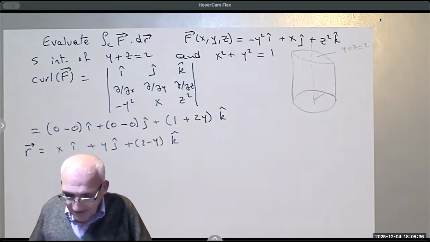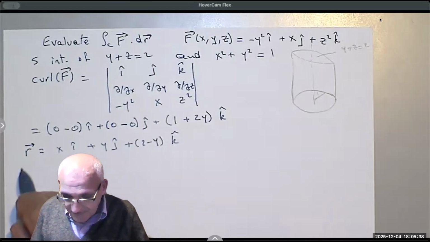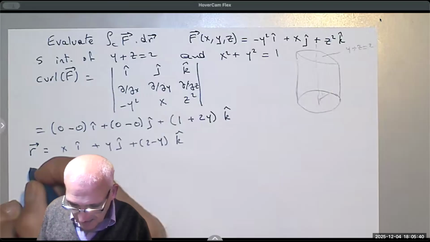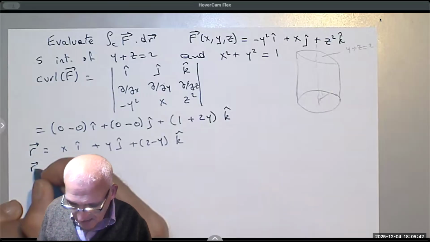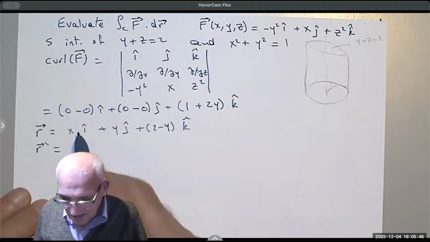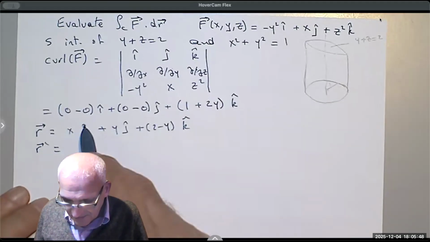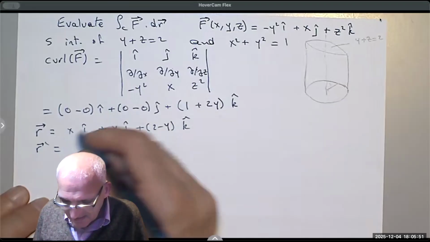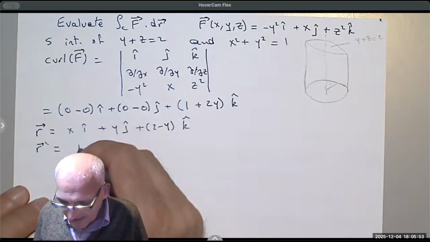And finally, if I take the derivative of r with respect to x, the derivative of x with respect to x is 1, so I get i.